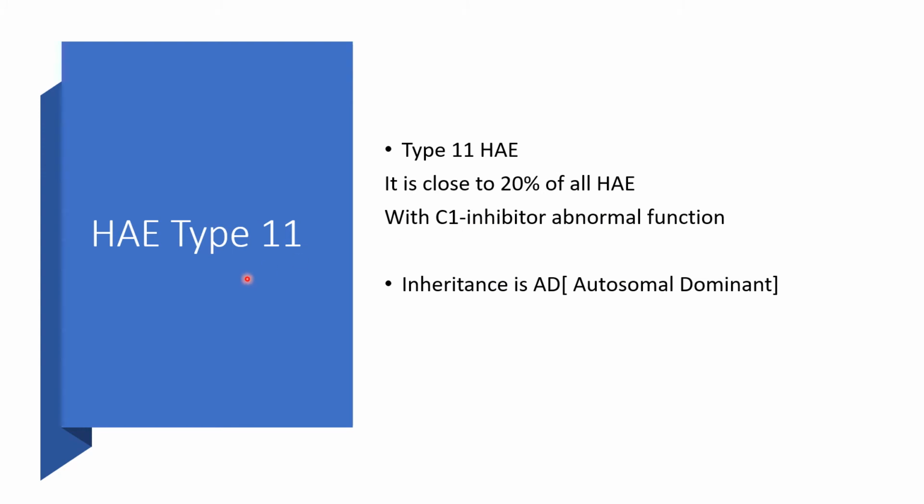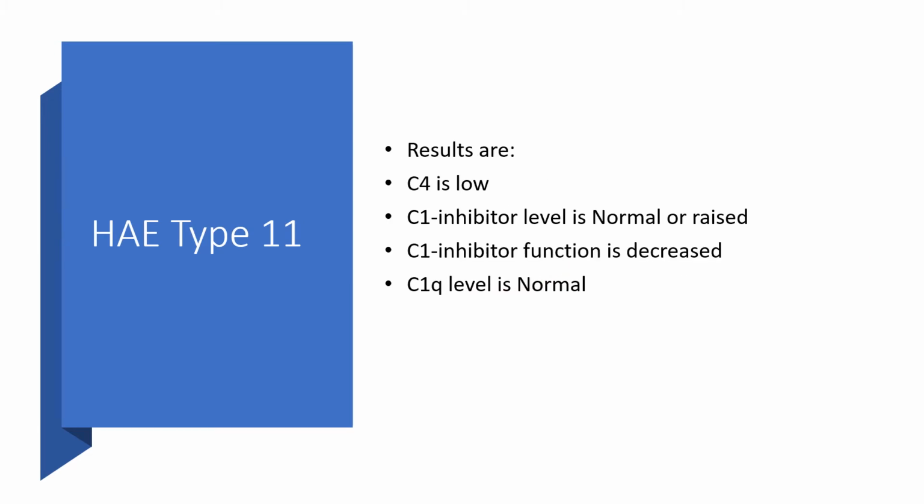In type 2 hereditary angioedema, this will be close to 20% of all hereditary angioedema, with C1 esterase inhibitor abnormal function. The inheritance is the same, autosomal dominant. When you have done your complement studies and everything, you are likely going to come out with the following results.